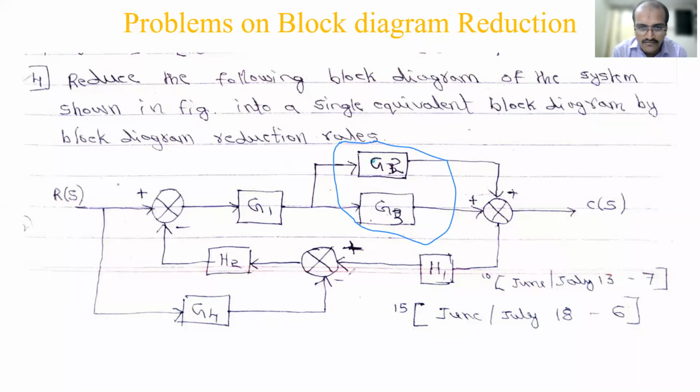So this is the path which is going here as feedback. Whereas this G4 path, along with this minus sign and along with this H2, is not a feedback path, it is a parallel. So you have to add up those. Blocks in parallel like that, you have to simplify. You'll see that in the next picture, it will be clear to you. So this is the block diagram given. First we'll do the parallel reduction into a single block.